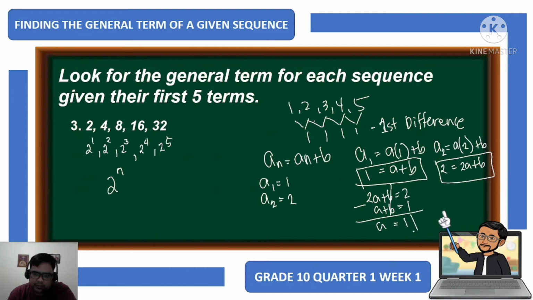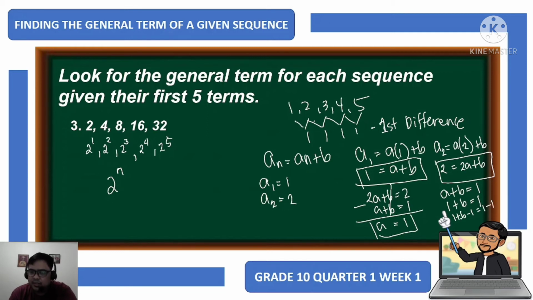So, a is equal to 1. To look for b, again, substitute natin sa first equation. We know that a plus b is equal to 1. A now is 1. So, 1 plus b is equal to 1. So, para makancel si 1, magma-minus tayo ng 1 in both side.